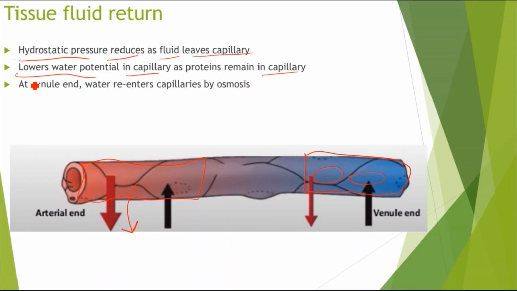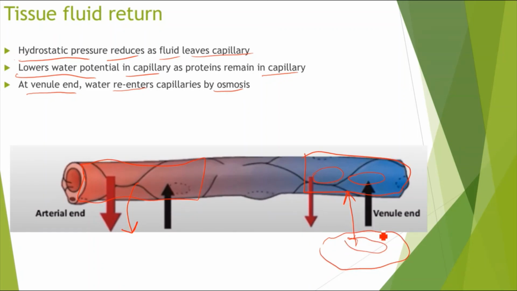And so at the venous end of the capillary, the water re-enters the capillaries by osmosis. So there would be water in the tissue fluid, and the water is now moving back into the capillary by osmosis, from high concentration to low concentration, or high water potential to low water potential.